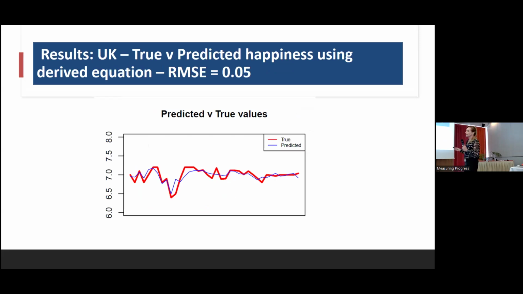Now we've extracted the equation with the coefficients and an intercept, and if we plot it against true happiness data, that is our fit. Our root mean square error is 0.05. That doesn't tell you anything unless you know the scale of the data, but I can tell you that's a good fit.